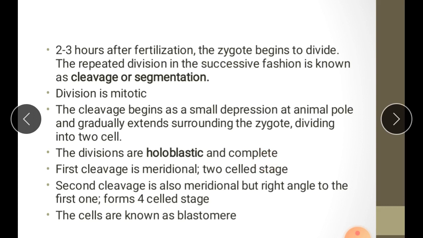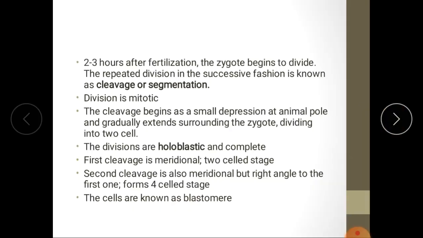First cleavage is meridional. Meridional means it is vertical, passing through the animal pole vegetal pole axis. This is called meridional, forming two cells, and this is called two cell stage. Then second cleavage is also meridional but at right angles to the first one. It forms four cells.